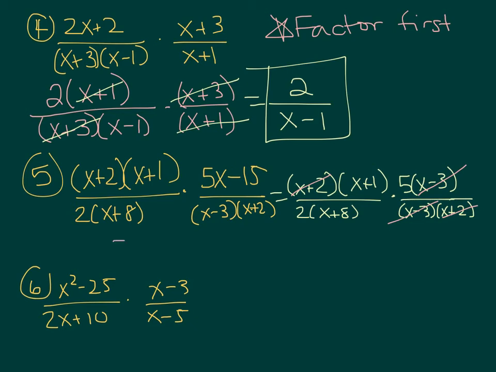So from there, there's actually nothing else left that you need to cancel, and you're done with this. All you're going to do is rewrite what you have left over. So I'm going to multiply straight across in my numerator. I'm left with 5 times x plus 1. My denominator, all I have left over is 2 times x plus 8.